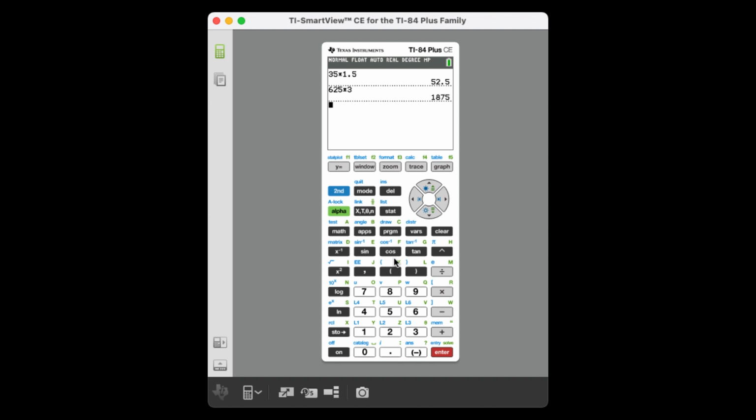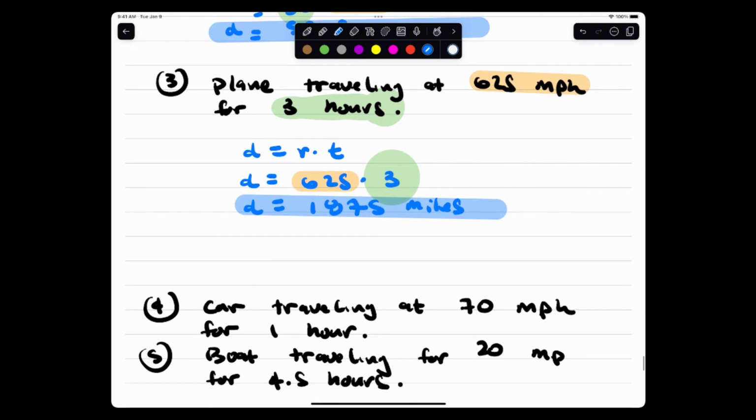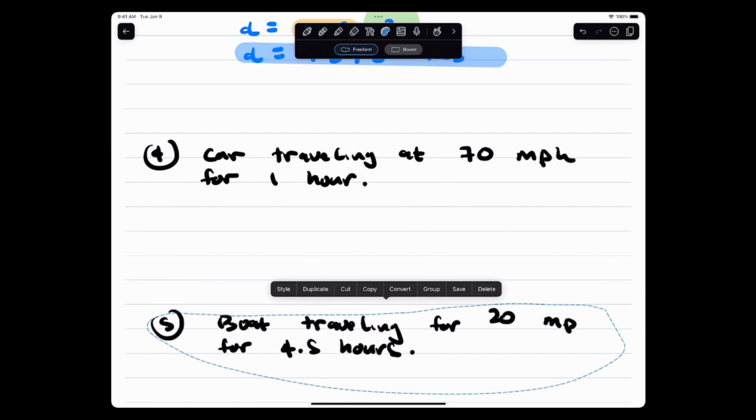And again, the units are going to be what? In miles. All right. So does that make any sense? Okay, a distance formula. All right, let's try the next one.